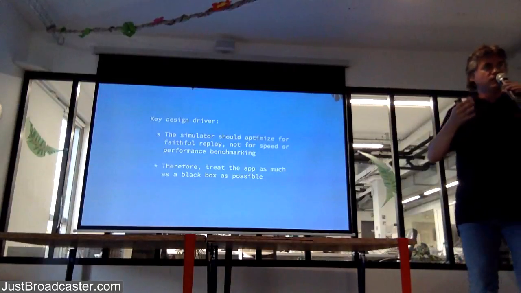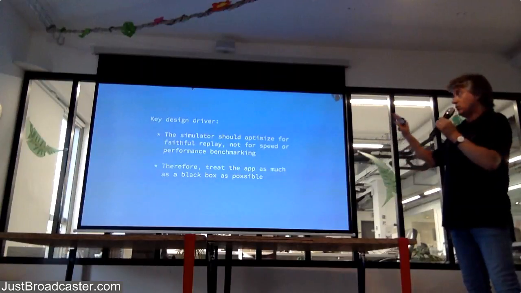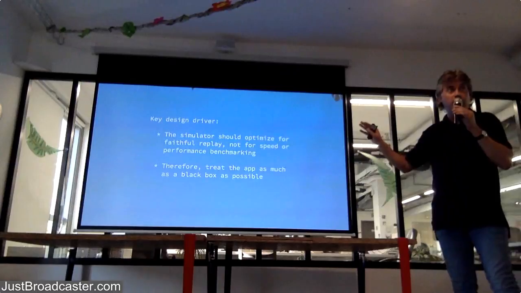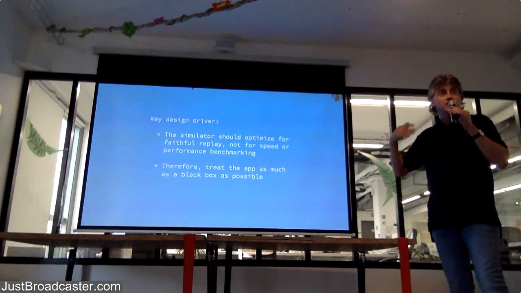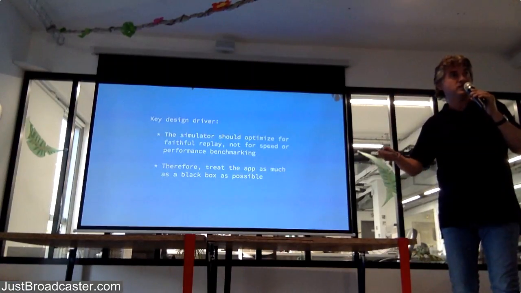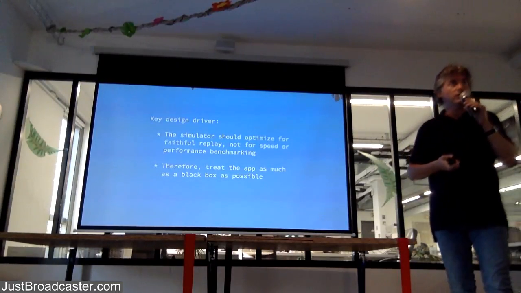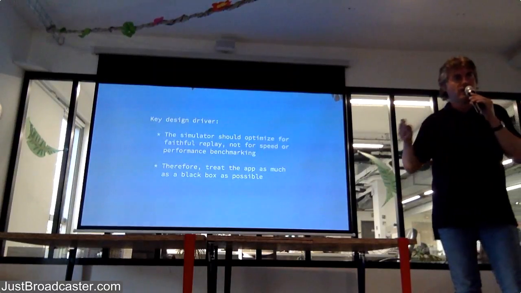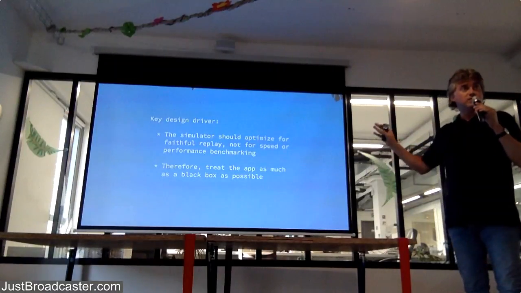It can mean many things to simulate something. So this is key: we want to optimize for faithful replay. In particular, not for speed. Not for speed means speed is good, but faithful comes first. We're not going to sacrifice faithfulness to reality for speed. We're going to see that you cannot duplicate everything, but this is important: not for speed, not for performance benchmarking.